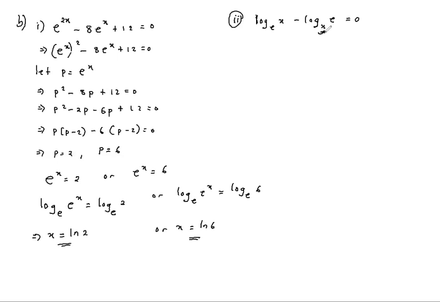So you know that the first thing to do here is to change the base from x to e, so that you have log e over log e x is 0. So you've changed the base from x to e.